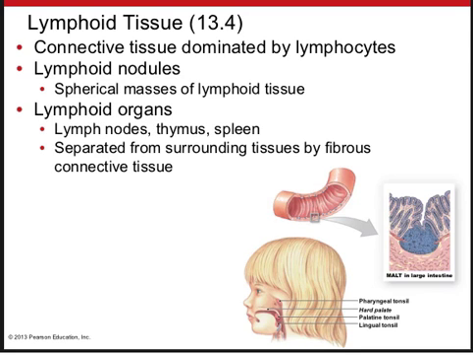Tonsils are found at the back of the pharynx. The pharyngeal tonsil, also known as the adenoids, is located in the posterior superior wall of the nasopharynx. The palatine tonsils are located in the posterior inferior margin of the oral cavity along the boundary of the pharynx, while the lingual tonsils are deep to the epithelium that covers the base of the tongue.